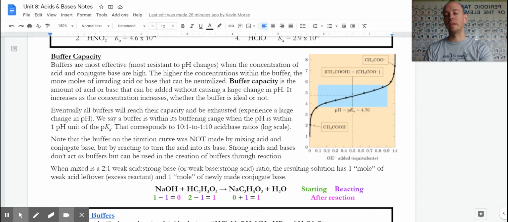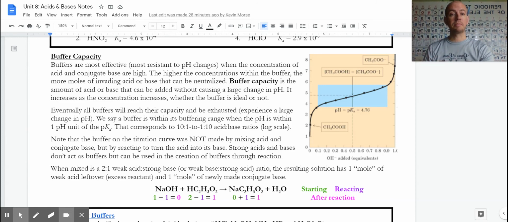But because we started with acetic acid as our excess, we had 2 moles of this, 1 mole of it went away, and we still had some left. In this case, if I have a mole of this left and I have made a mole of this, not only have I made a buffer, I've made an ideal buffer.